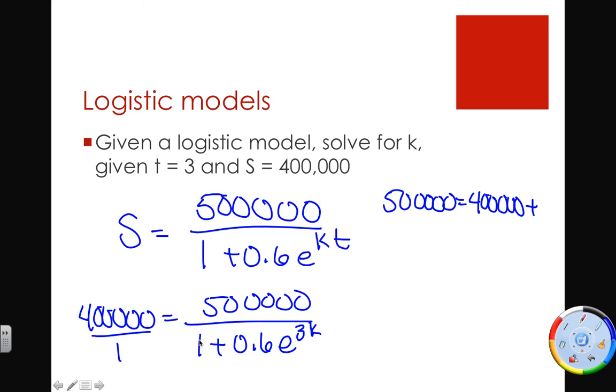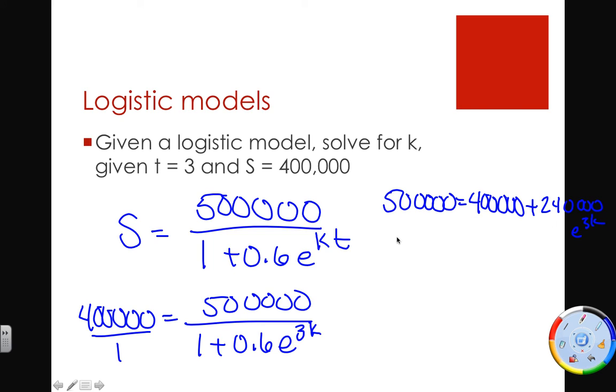And if I multiply here, this distributes, so I get 400,000 times 0.6, which is 240,000. Sorry, I ran out of room here, times e to the 3k.